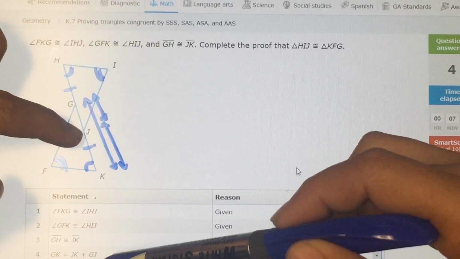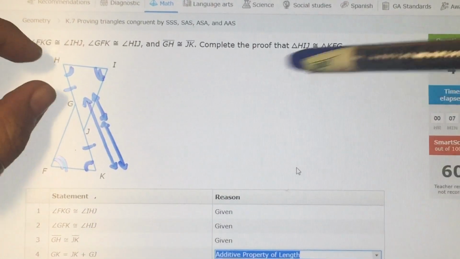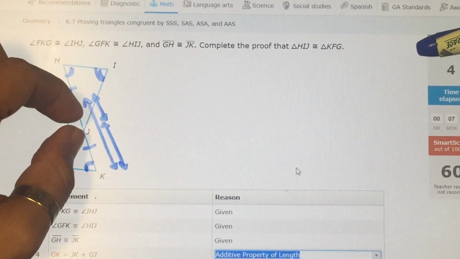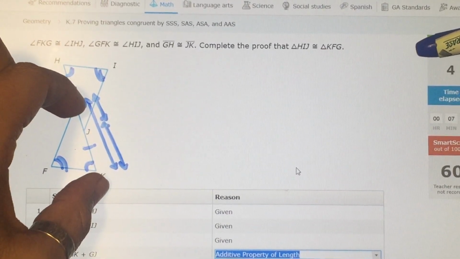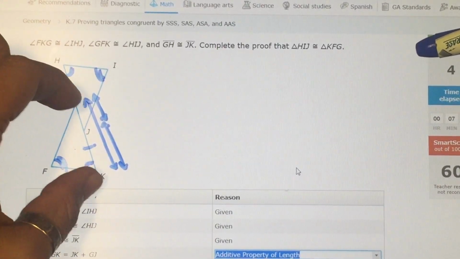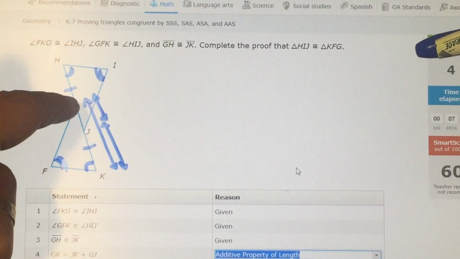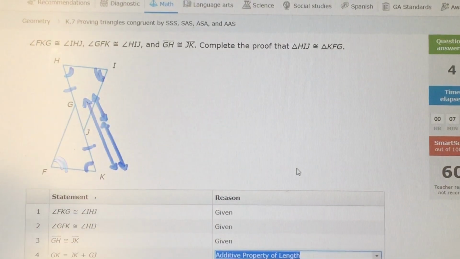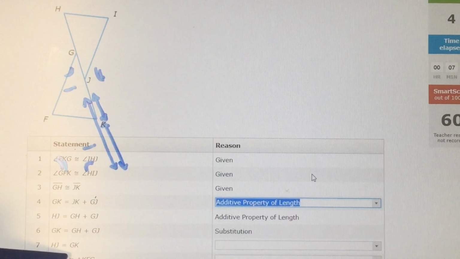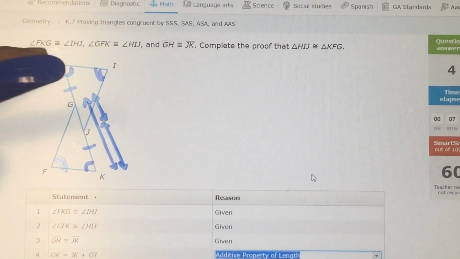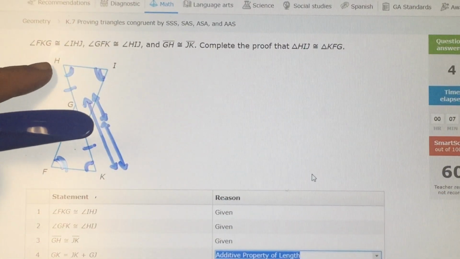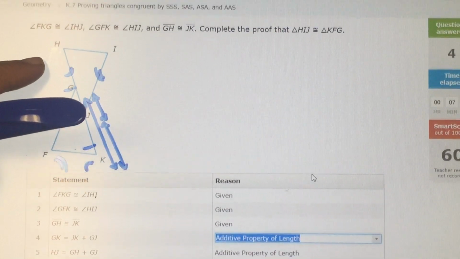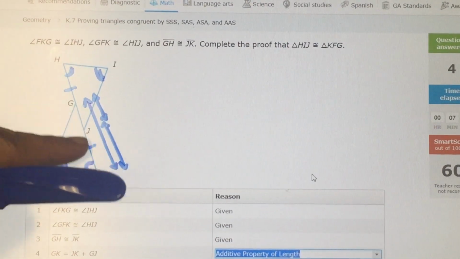GH and GJ is HJ. If this plus this is the whole thing, and this plus this is this whole thing, what they're trying to say is that I could just substitute, basically this side is equal to this side. So GK is HJ. This whole thing, this whole thing.